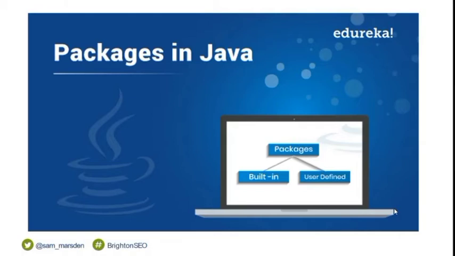The fifth one, java.awt, contains classes for implementing the components for graphical user interface like buttons, menus, etc. And the final one, java.net, contains classes for supporting network operations.